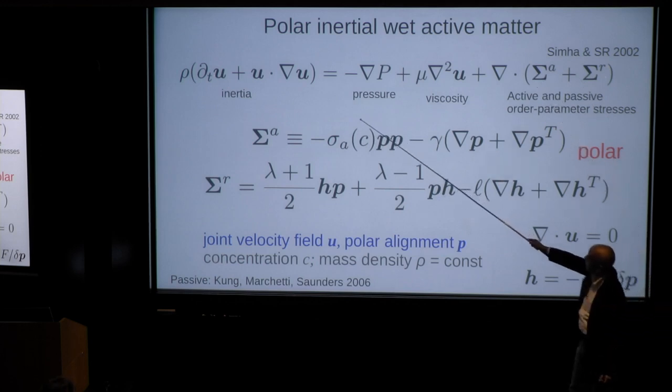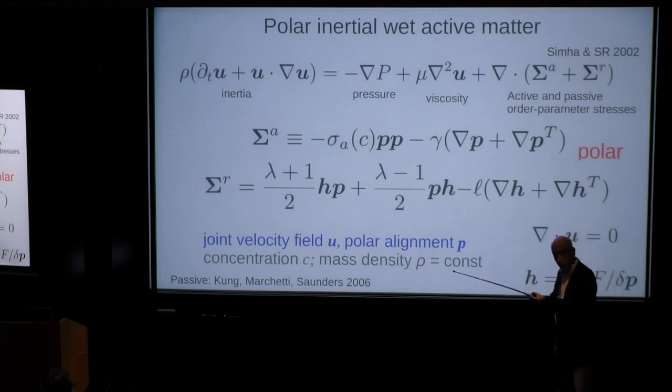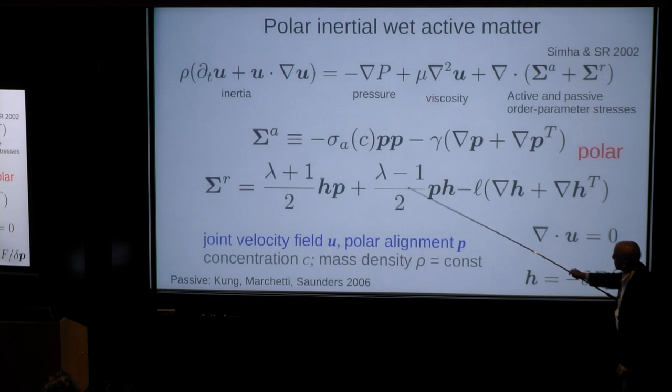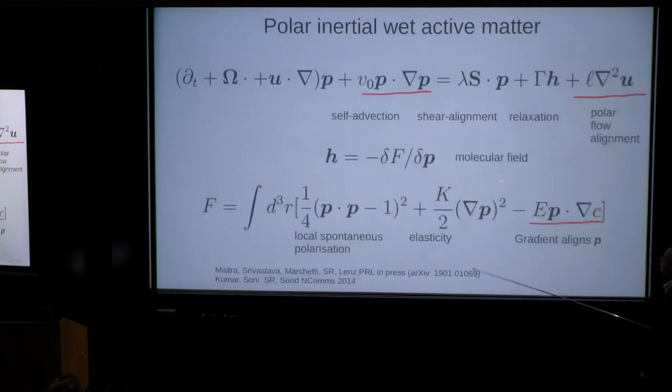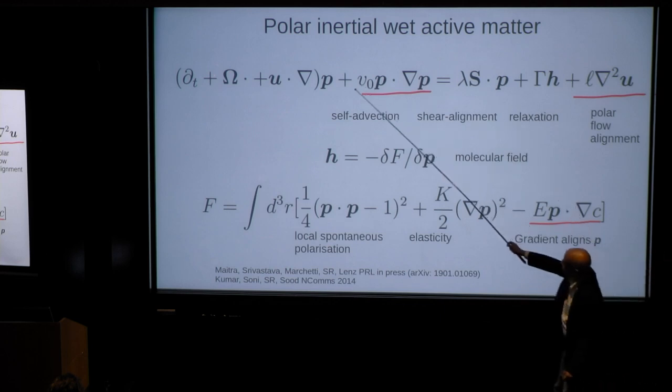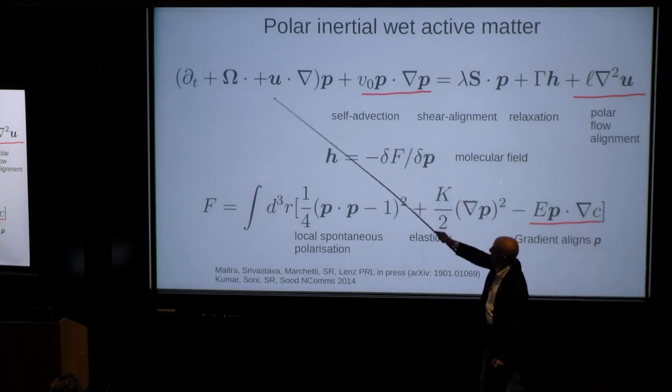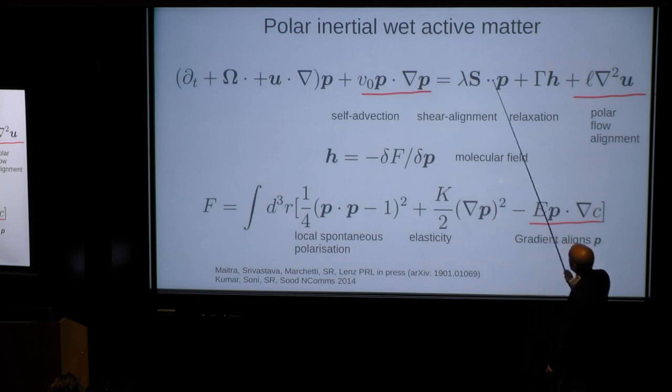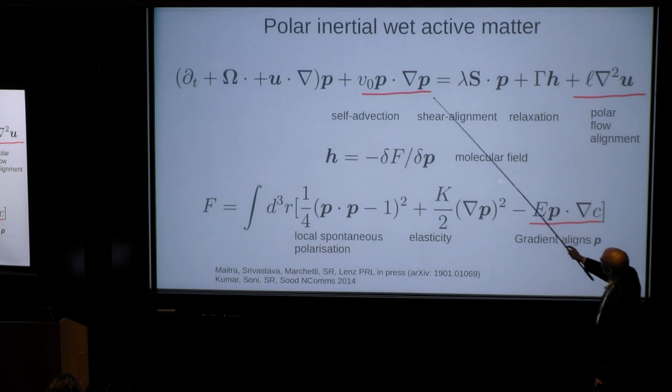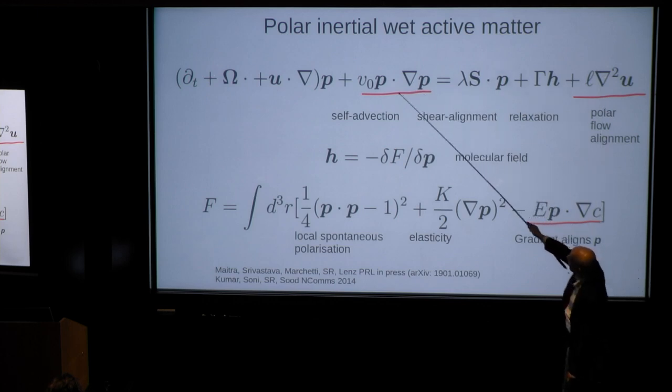So that new bit is that if you have a local polarization P, you have a local deviatoric stress or local uniaxial stress bilinear in P. The conventional stresses coming from the free energy functional I will not dwell on. The polarization field is rotated and advected and flow aligned, relaxes to equilibrium, and can advect itself.